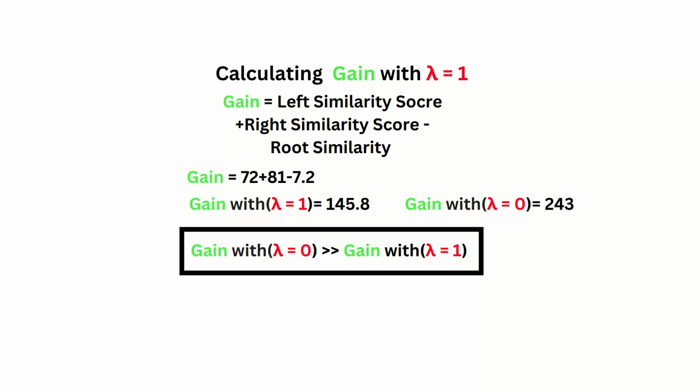Now calculate the gain with lambda equal to 1. We will use the similarity scores calculated at lambda equal to 1.